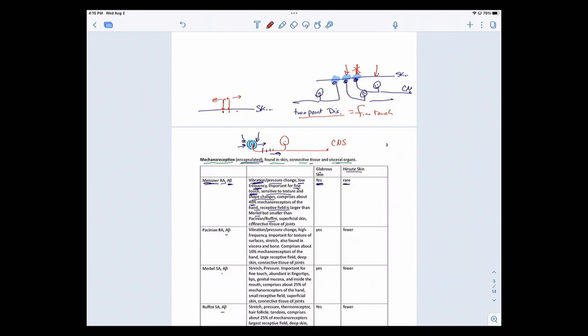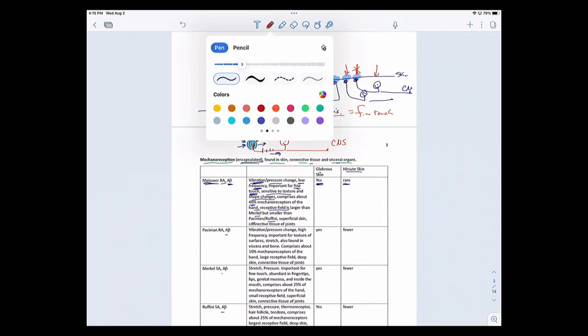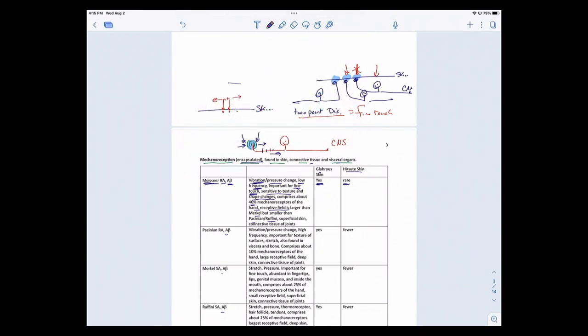Imagine another scenario where I now have skin, and maybe my receptive field is quite large. So maybe that's my receptive field. Then when I touch, you say, well, okay, I'm being touched here. No, I'm being touched here.